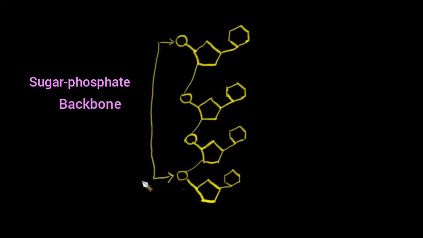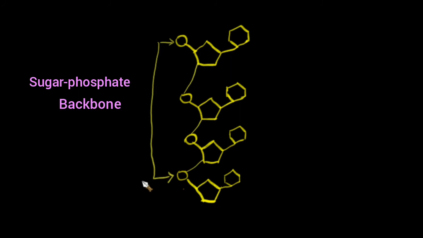Now, if the sugar forming this structure was a ribose sugar, this would be the structure of our RNA, because RNA is a single stranded structure.